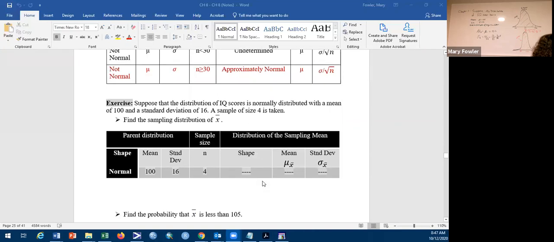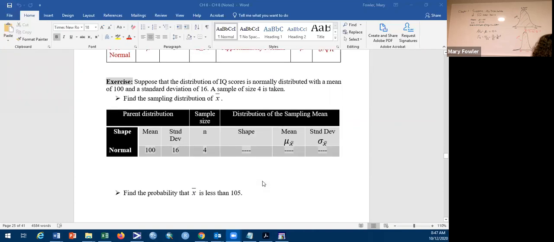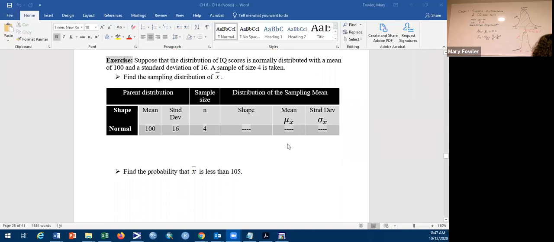So here is a problem that we actually just kind of had on the board a moment ago. So we're going to go back over to the board. And the question says, suppose that the distribution of IQ scores is normally distributed with a mean of 100 and a standard deviation of 16, and a sample of size 4 is taken.